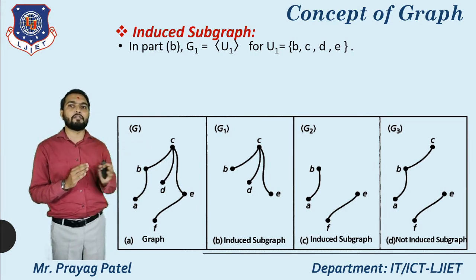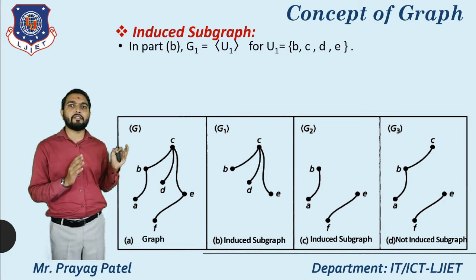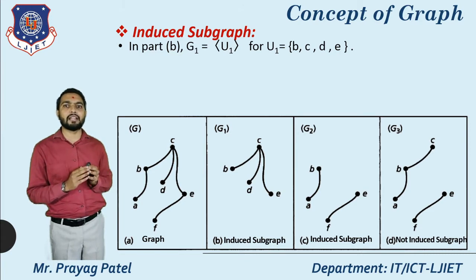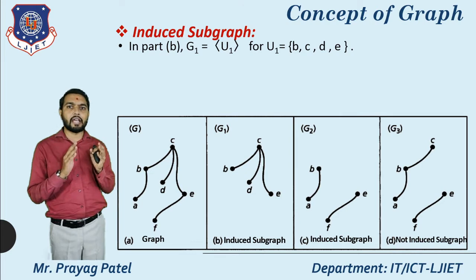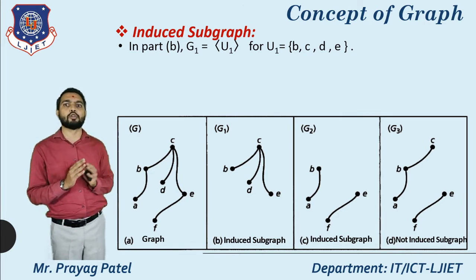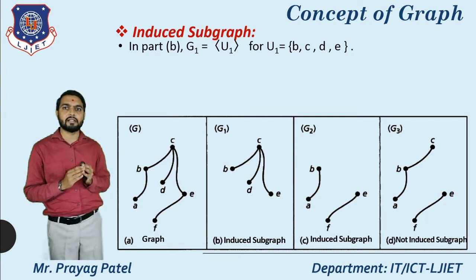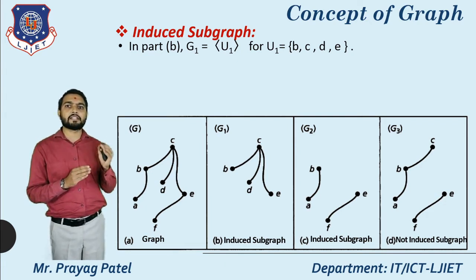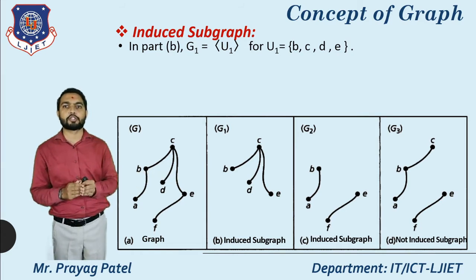So in subgraph G1, the set of vertices is B, C, D, E. Now, if we include B, C, D, E in our subgraph, then all the possible or available edges of your graph are also included. So here we include B, C, D, E, then include the BC edge, then the CD edge and the CE edge in our subgraph. Then this graph is called the induced subgraph.